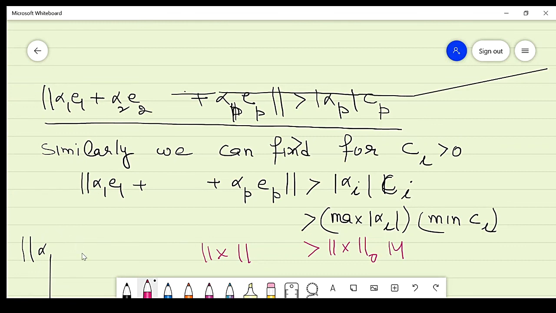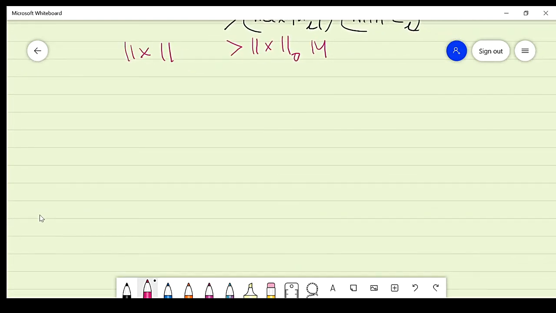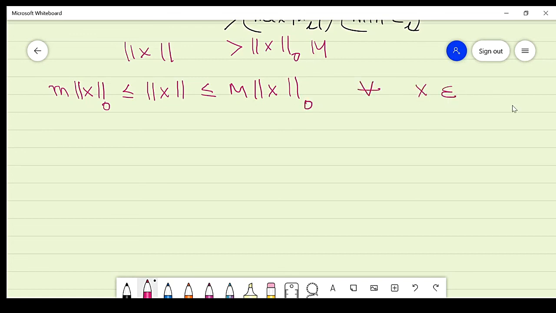We get small m norm of x less than or equal to norm x, the 0th norm, less than or equal to capital M norm of x 0 for every x belonging to the entire space N. So this is satisfied for p vectors.